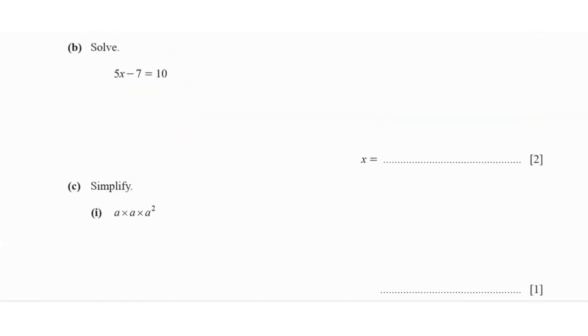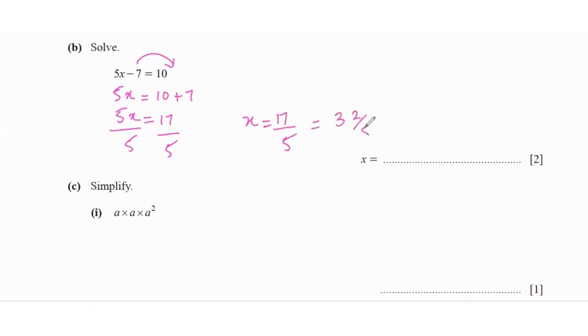So 5x minus 7 equals 10. Move 7 to the other side. So that's going to be 5x equals 10 plus 7 now. Whenever you move a term from one side to the other, the sign changes. So 5x equals 17. Divide both sides by 5. So x equals 17 over 5, which in mixed numbers can be 3 whole number, 2 over 5.